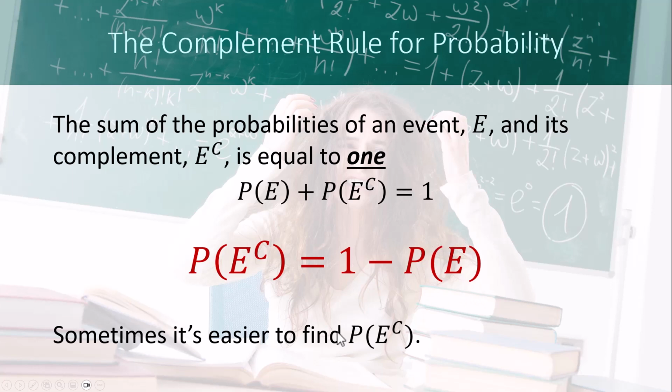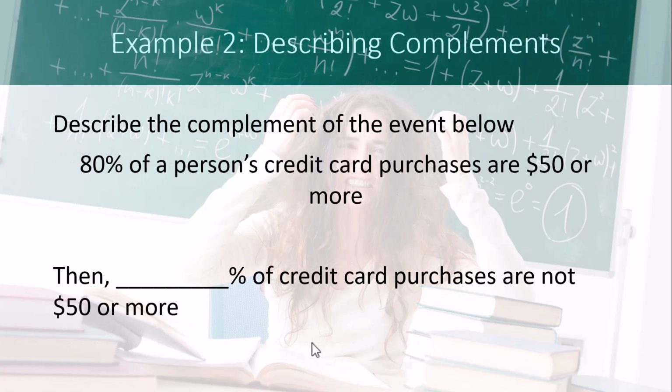Why is this important? Well, sometimes it's easier to find the complement and then just do 1 minus that to find the probability of an event. And we'll see an example of that, perhaps not in this video, but in a subsequent video where that's actually the case.